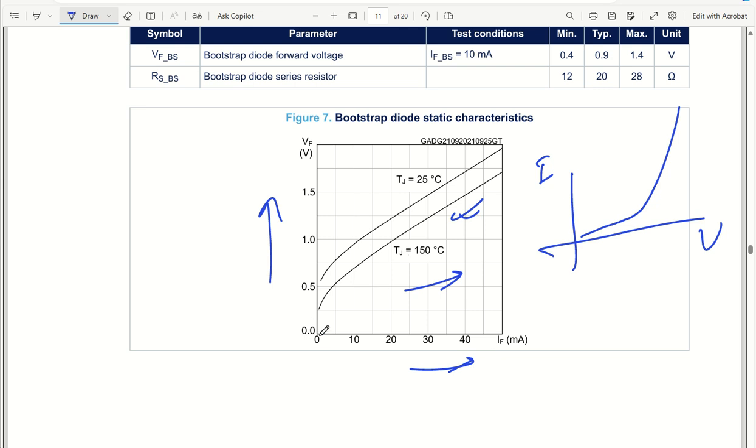As my voltage is increasing, there is a knee voltage or cutoff voltage, and from there my forward current suddenly increases. At lower junction temperature the forward drop is higher, but with an increase in temperature we have a lower cutoff voltage. So the forward cutoff voltage is lower for the bootstrap diode.